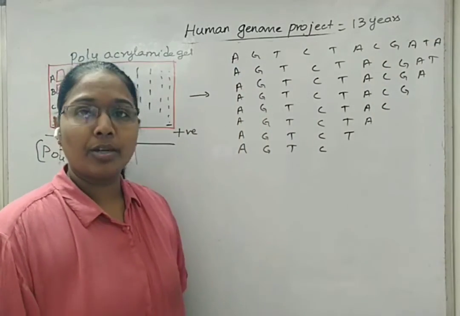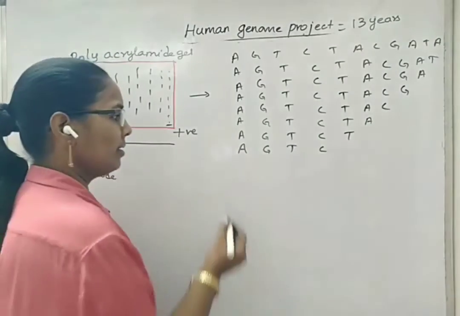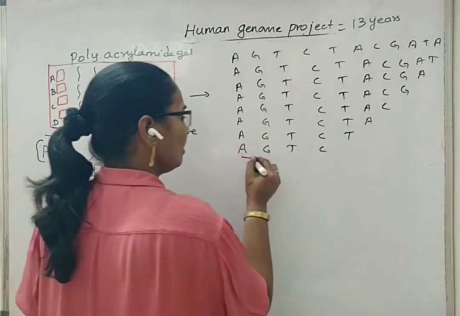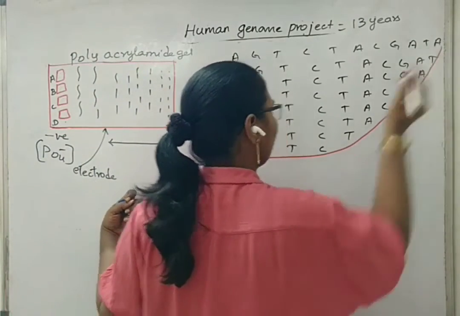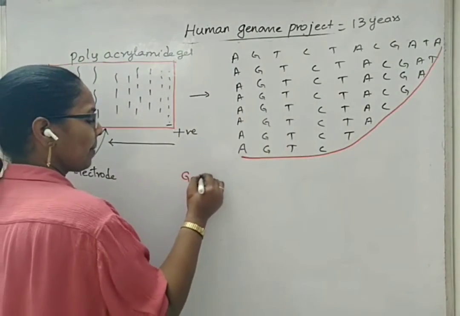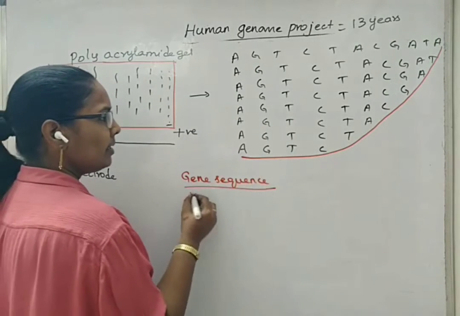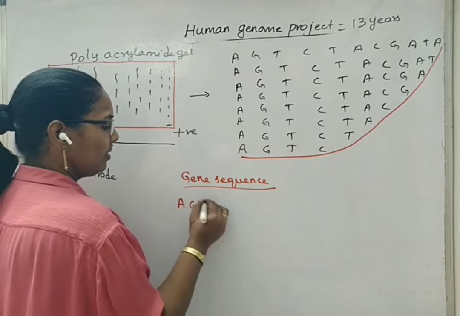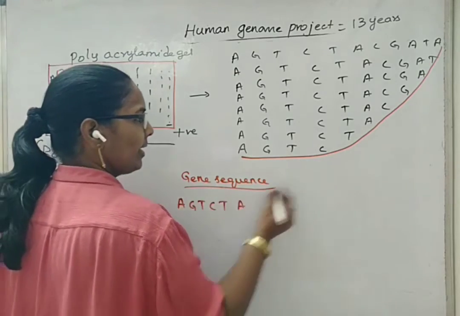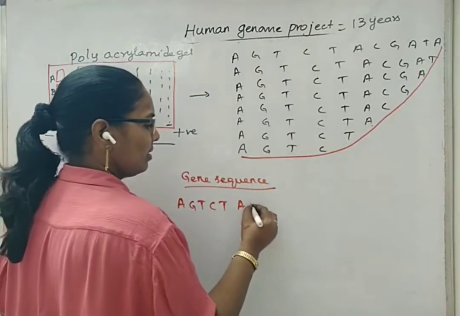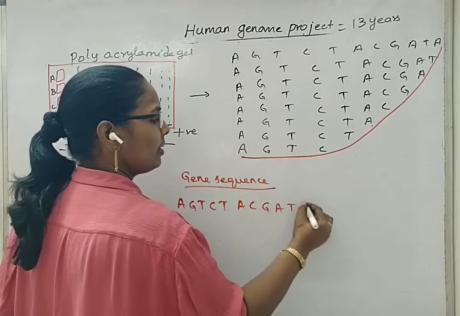Now if we want to sort out the gene sequence here, we can write it by taking the last base of each fragment: adenine, guanine, thymine, cytosine, thymine, adenine, cytosine, guanine, adenine, thymine, adenine.